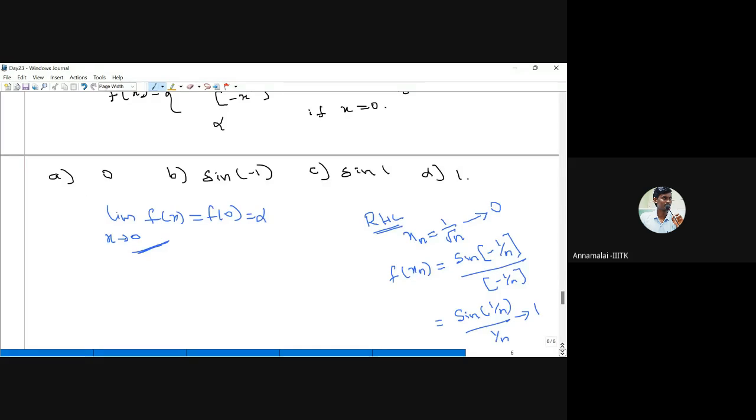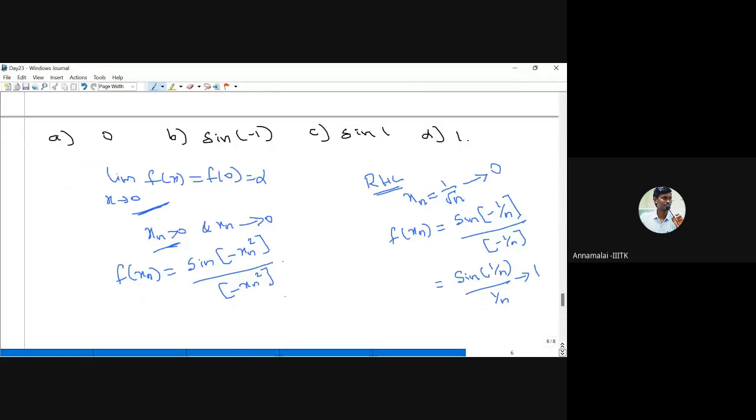Otherwise, if you take a general sequence xn which is positive and xn converges to 0, we have to find the right hand limit. So what is f of xn? Since xn's are positive, this is nothing but sine of minus xn square by minus xn square.